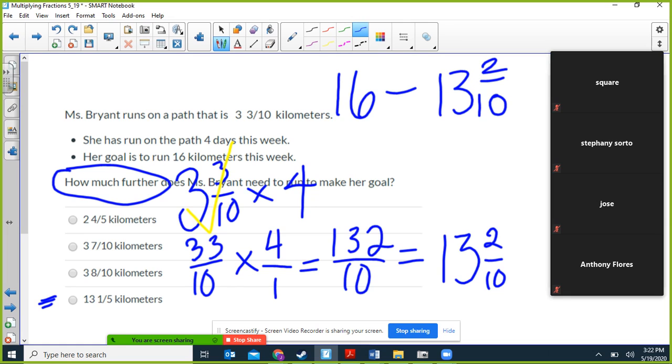Think about a number line: if you're at 13 and 2/10, you're going to need 8/10 more, and then you're on 14. And if you're on 14, you're going to need 2 whole to get to 16. So your answer would be 2 and 8/10.